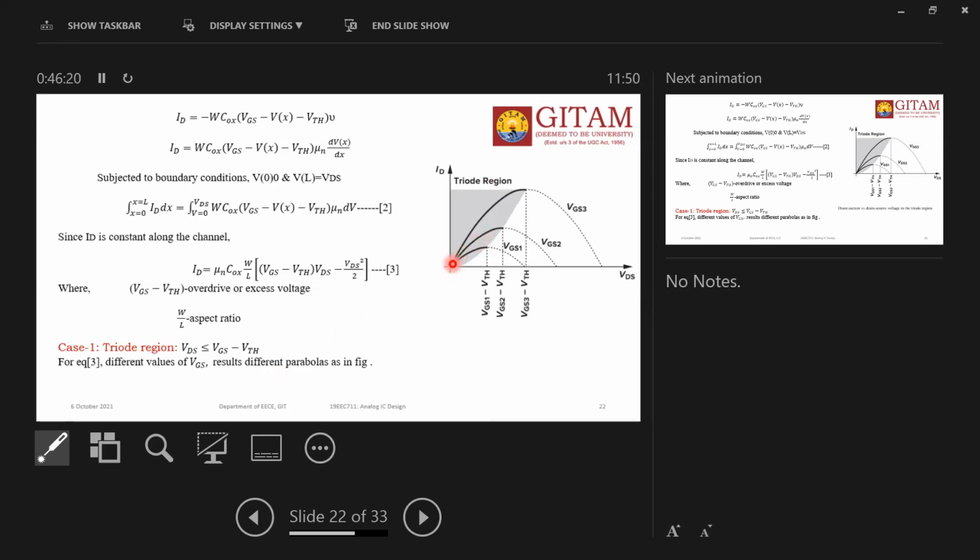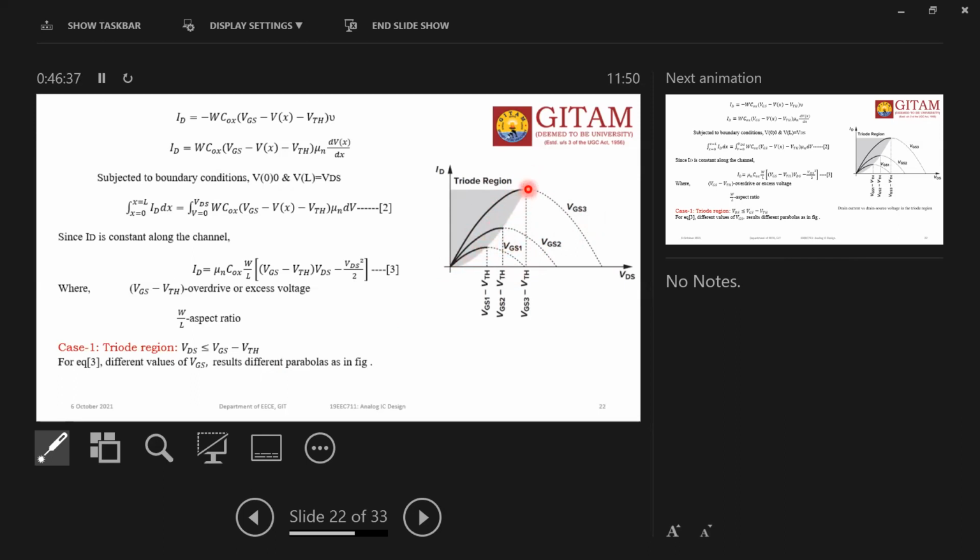This is the curve for VGS1. This curve you can achieve for VGS2. This curve you can get for VGS3. For each VGS, one parabolic curve will be given.